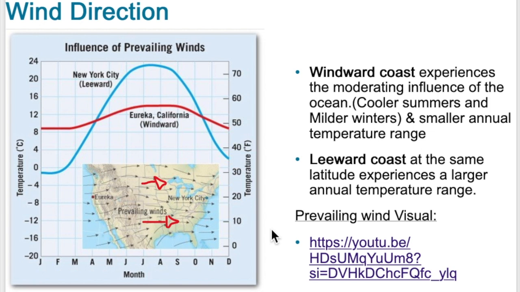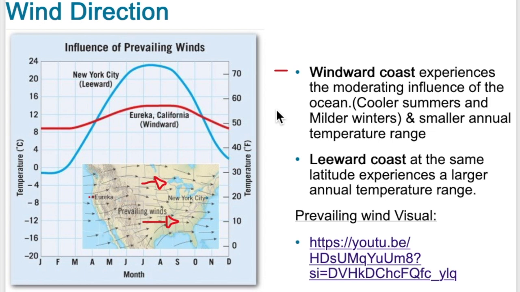We're in the wind belt of the westerlies. So again, looking at these terms here, a windward coast, an example is Eureka, California that we see here, experiences the moderating influence of the ocean. So this area has cooler summers and milder winters and a smaller annual temperature range.